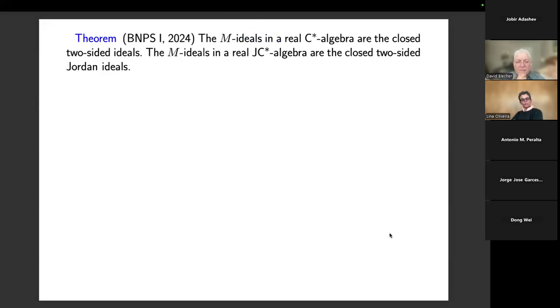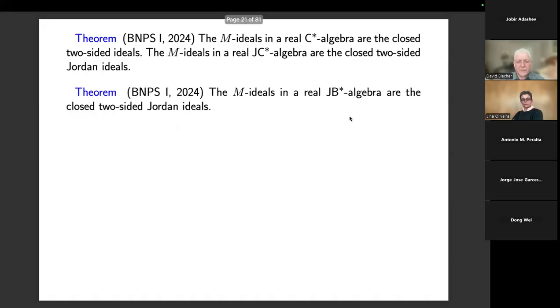In the paper that I mentioned from 2024, it was shown that the M ideals in a real C-star algebra are indeed the closed two-sided ideals, and the M ideals in a real JC star algebra are the closed two-sided Jordan ideals. Similarly, for the M ideals in a real JB star algebra.